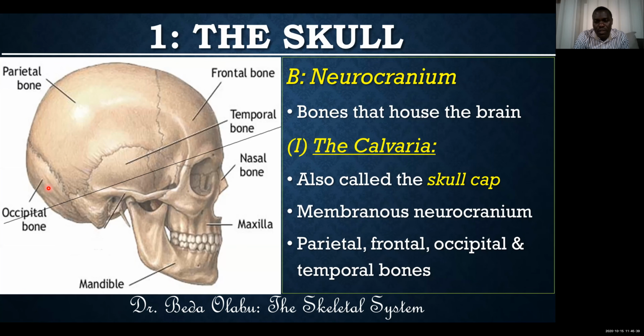As you can see here, the frontal bone extends beyond that line down, similar to temporal bone as well as occipital bone, which means part of those bones actually lie below that line, in the base of the skull. But they also have parts which are in the calvaria, the top of the skull. Parietal bone is entirely within the membranous neurocranium.